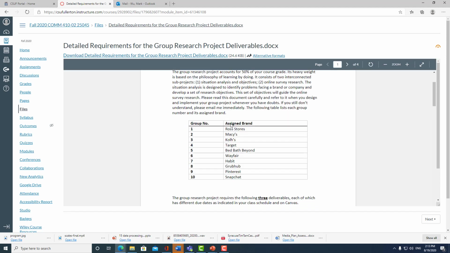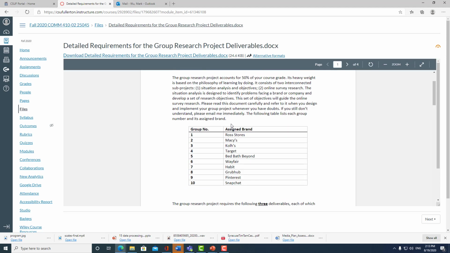Okay, let's go back to the detailed requirements for the project, and move down to your groups, which I forgot to talk about. The whole class has 92 students divided into 10 groups through computer randomization. The computer randomly assigns you to one of the 10 groups, and it also has a function that allows one lucky member to be the group leader.